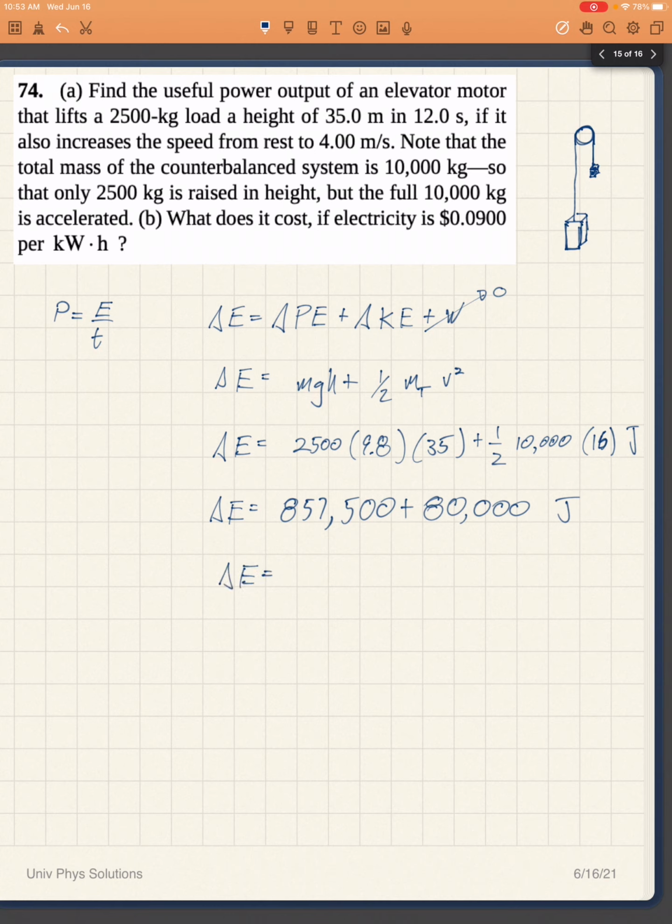So my change in energy is equal to 937,500 joules.